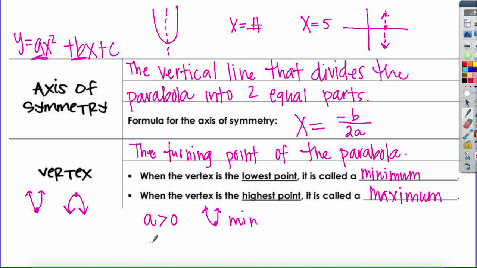If my leading coefficient is less than 0, so if it is negative, my parabola is going to be facing down and it's going to have a maximum value. Those are just some things to notice that will help you move a little bit faster.